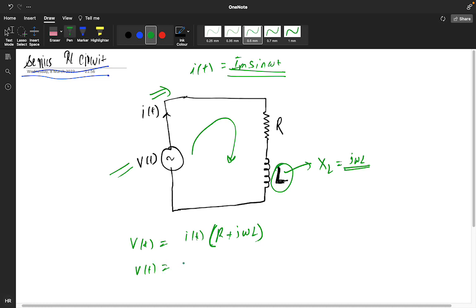So V of t is nothing but I of t into R plus j omega L, or if you want it in the form of positive, negative, positive, negative, this is your VR, this is your VL. The value of VL will be, the same current is flowing, I of t into L di by dt, since V is equal to L di by dt.